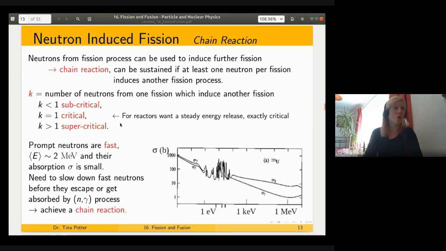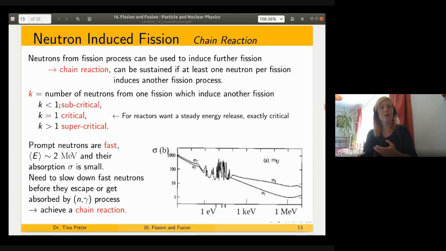So if on average we have the number of neutrons from one fission inducing fission in another, we'll have either subcritical, critical, or supercritical. If a neutron from one fission induces exactly one other fission, then that's fantastic. If it induces more than one fission, then we're going to have a supercritical chain reaction, and that could be a problem.